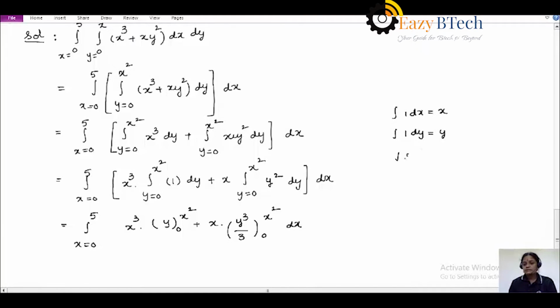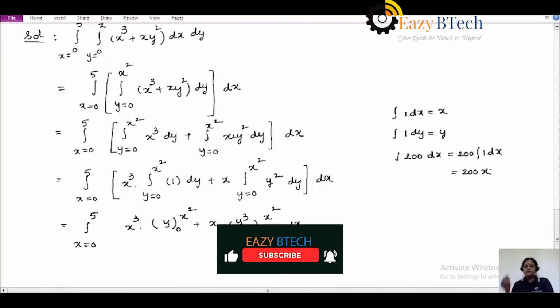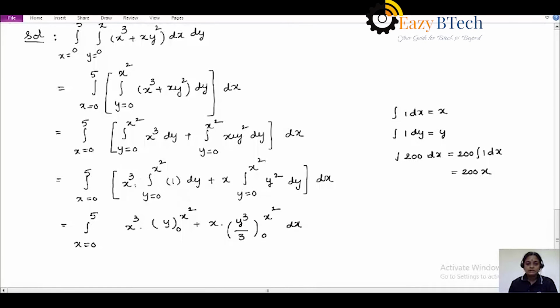Suppose integral 200 dx is there, then 200 is common, and for 1 dx integration it becomes 200x. Similarly I applied the same formula. x cubed is common, then integral 1 dy is nothing but y only.